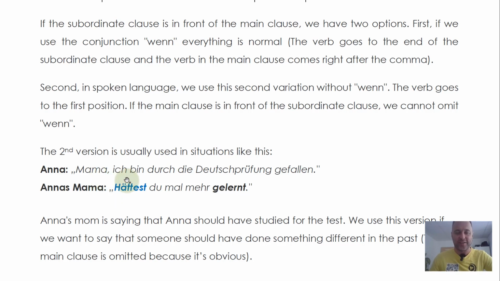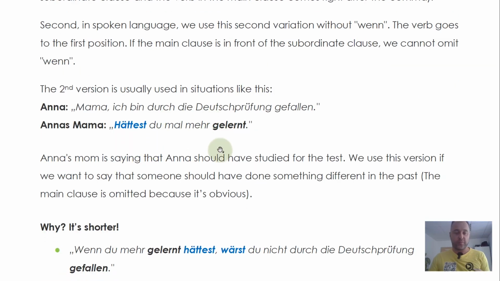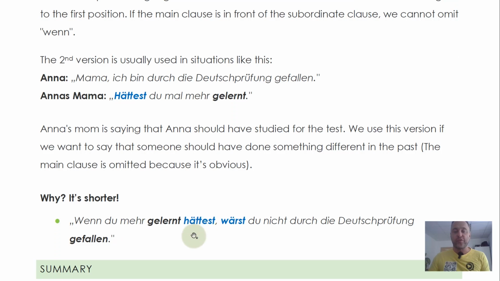That's what it means. And we use this way more often compared to wenn du mehr gelernt hättest, wärst du nicht durch die Prüfung gefallen. So if you would have learned more, you would not have failed the exam. Why? Well, it's pretty obvious, right? It's so much shorter. And we can drop the second part here because it's obvious, because she just said that.